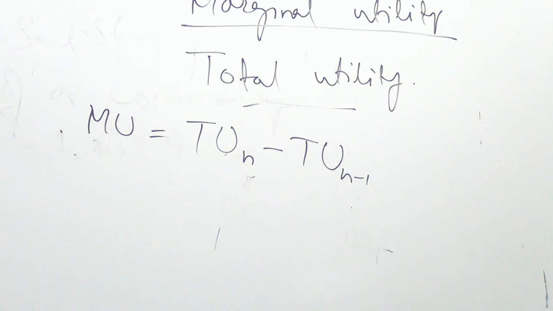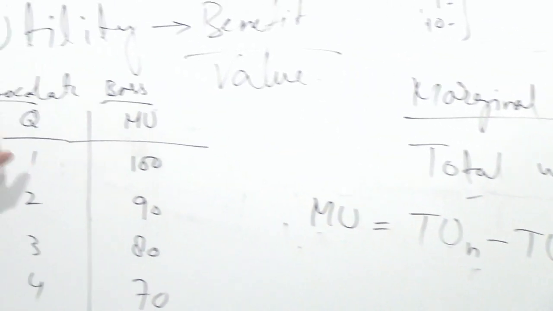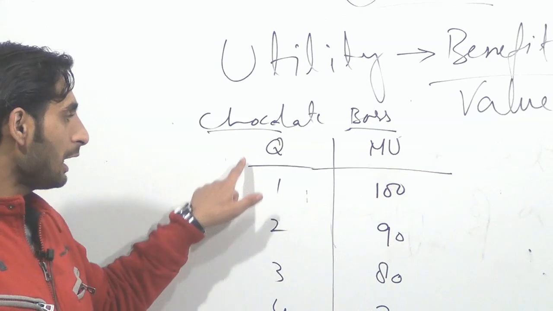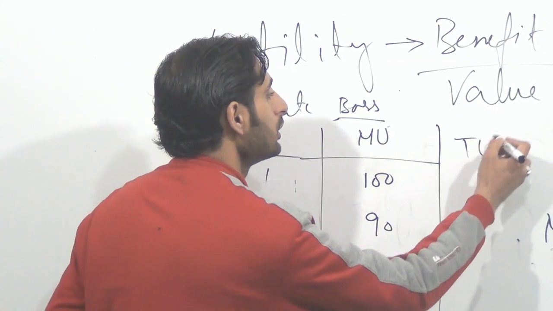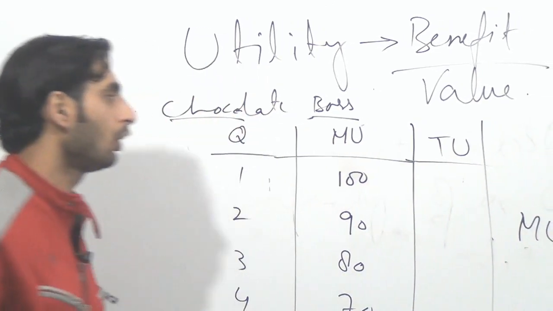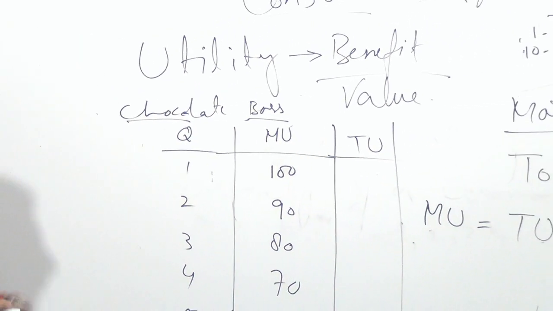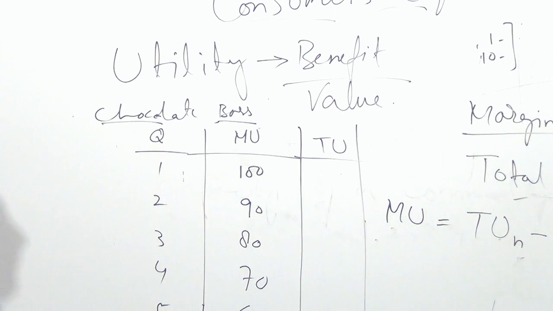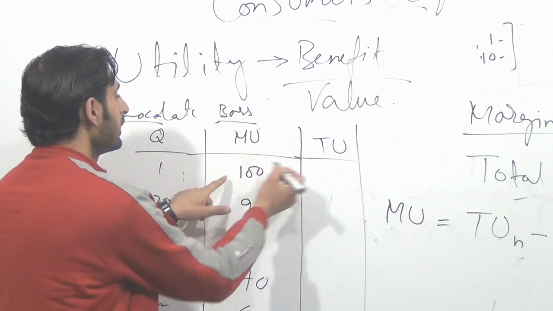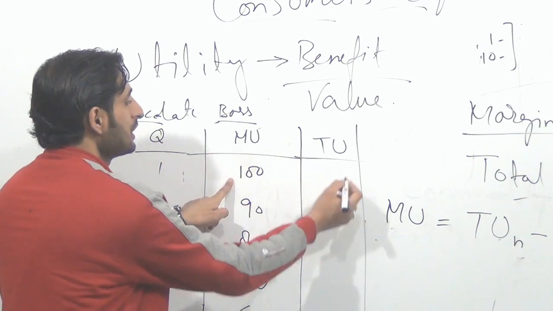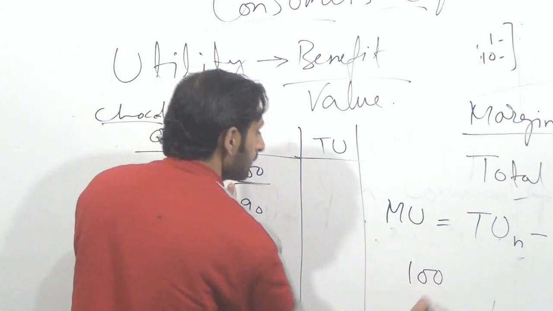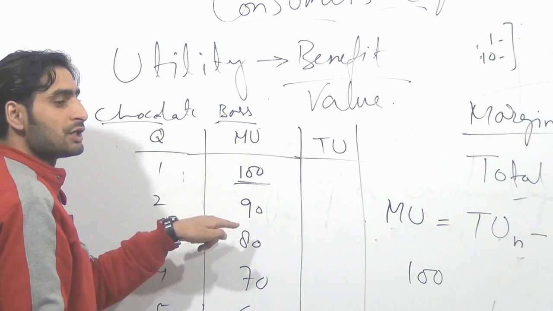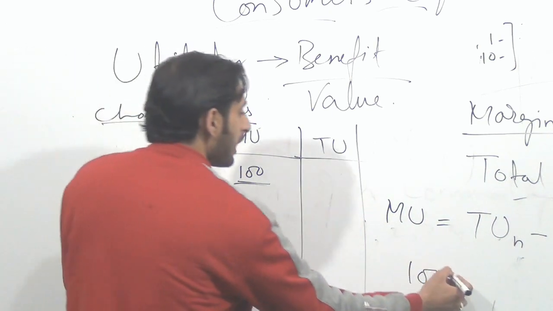So in the case of this schedule which I have made here, you will be able to find out the total utility from this table. This is total utility at n, that means total utility at n is here 100, minus total utility at n minus 1.